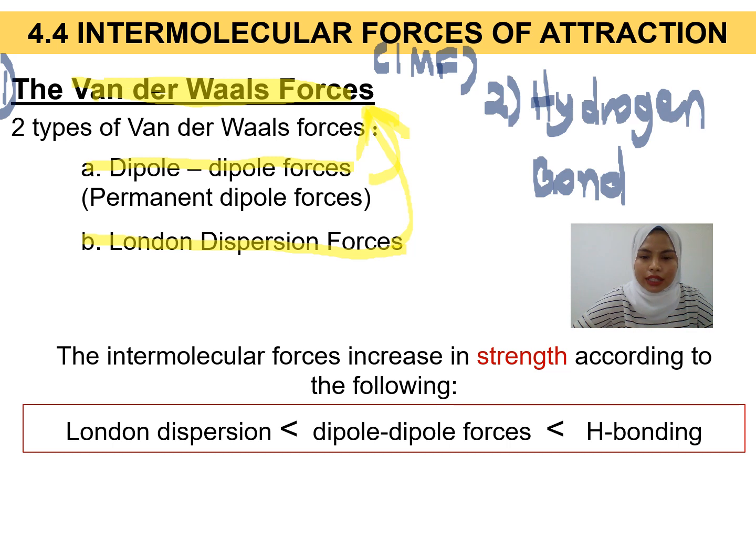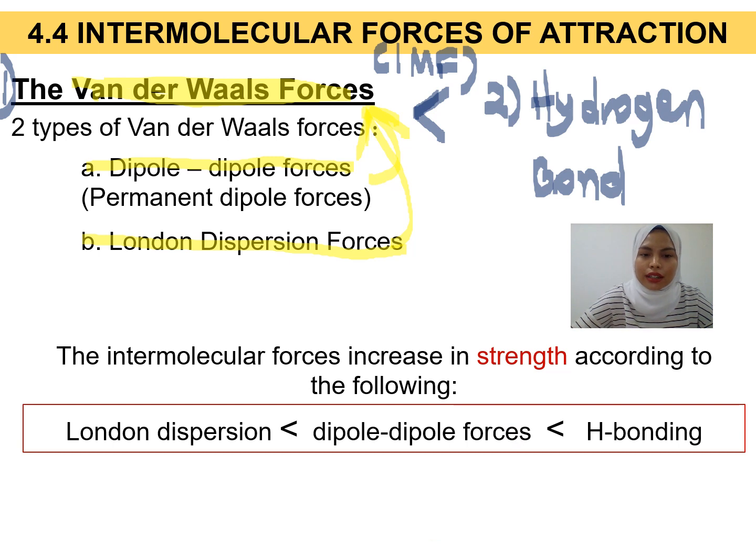And then Miss ada bagi tahu tadi, the strength, kekuatan IMF ni akan affect the physical properties of a simple compound, kan. So kalau you nak tahu kekuatan IMF, actually van der Waals forces is weaker. Dia punya IMF of van der Waals forces is weaker than hydrogen bond. But to be specific, kalau nak sebut satu persatu kesemuanya, kekuatan IMF London Dispersion ni is actually the weakest compared to dipole-dipole, compared to hydrogen bond.